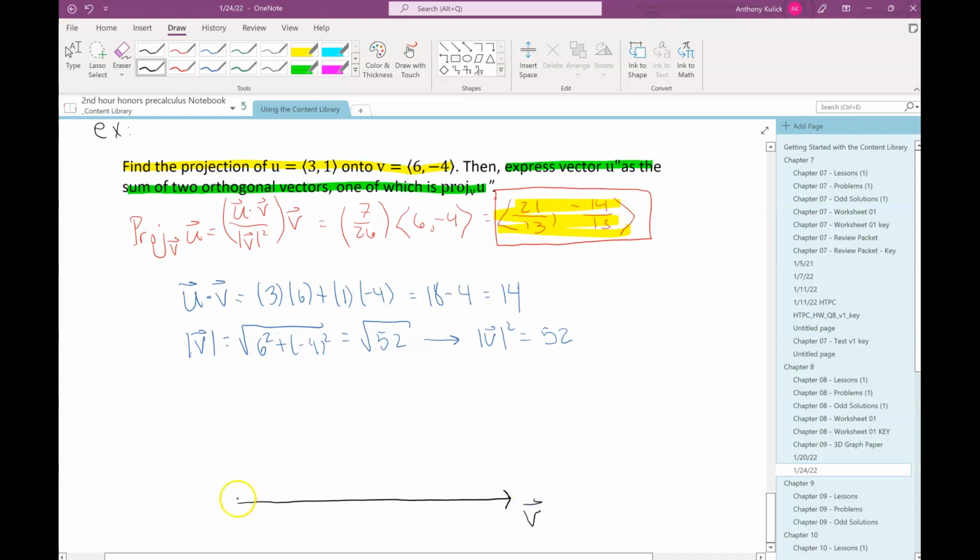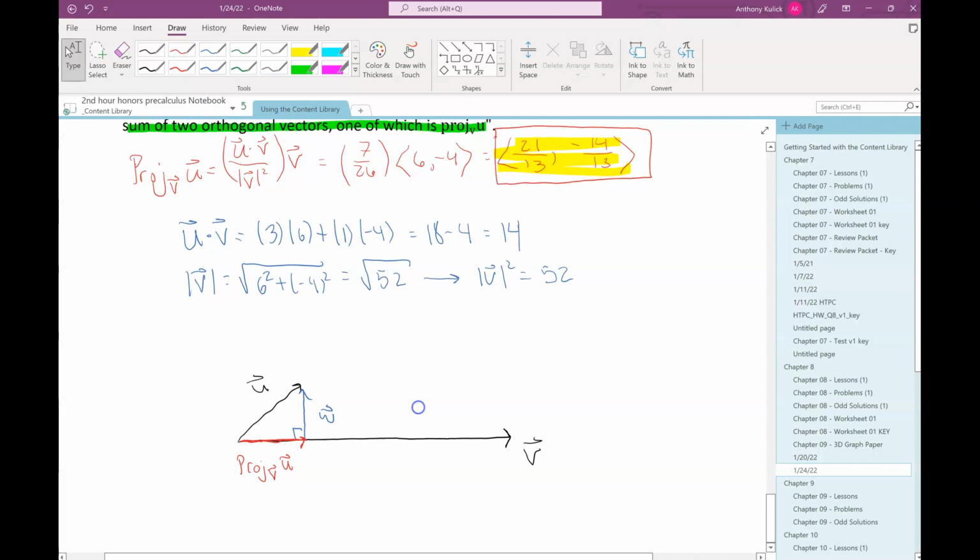So there's V, here's U, here's my projection of U onto V. And this is going to be what we'll call vector W.